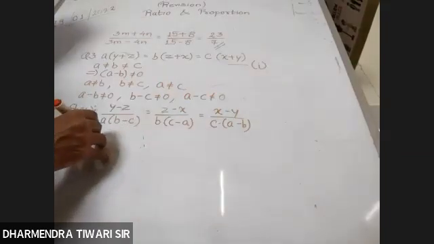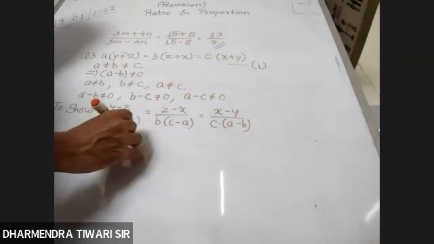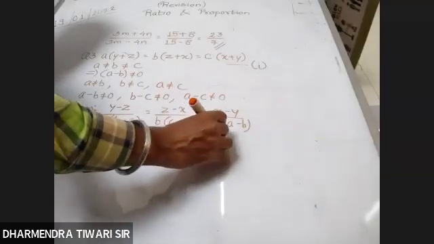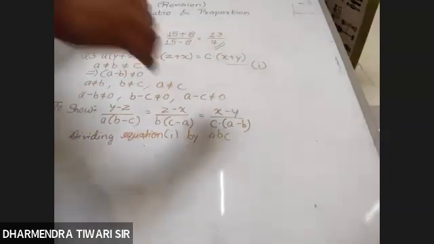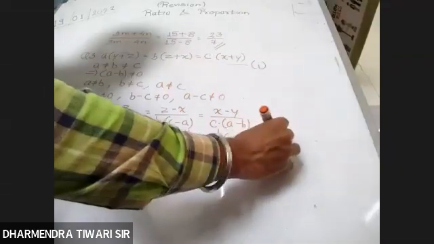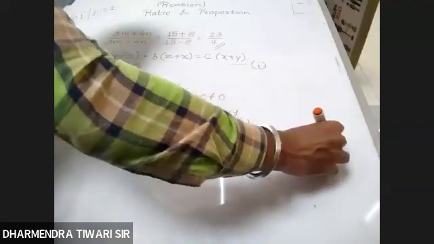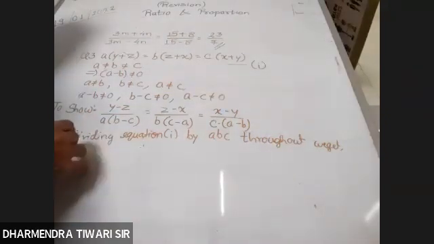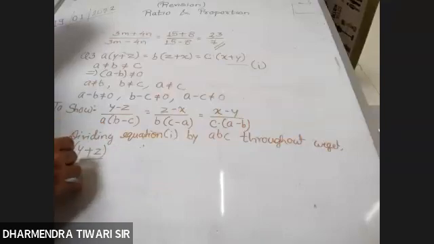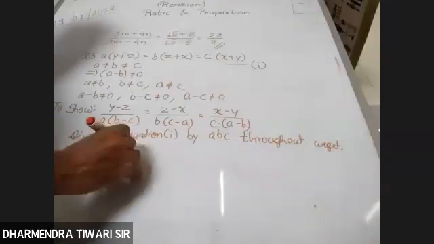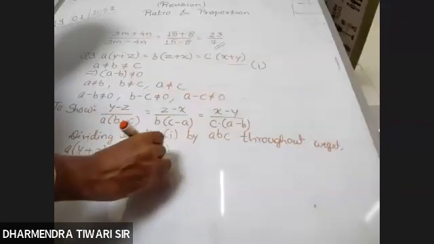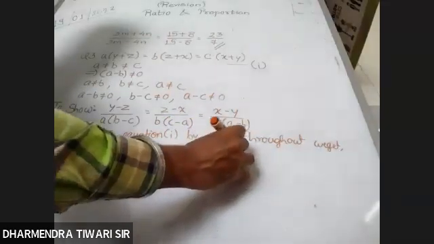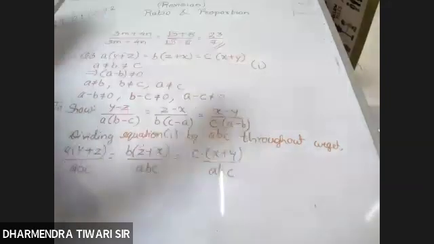Dividing equation 1 by abc throughout, we get a(y + z) divided by abc, b(z + x) divided by abc, c(x + y) divided by abc.